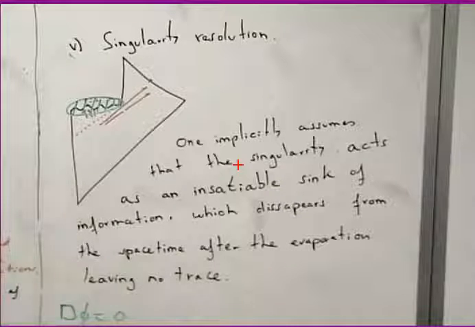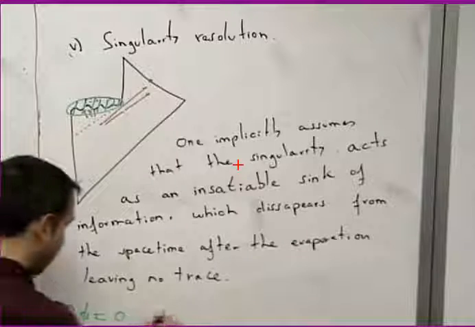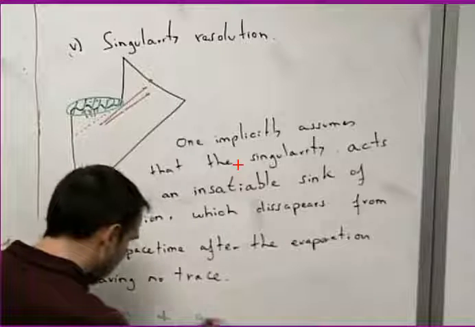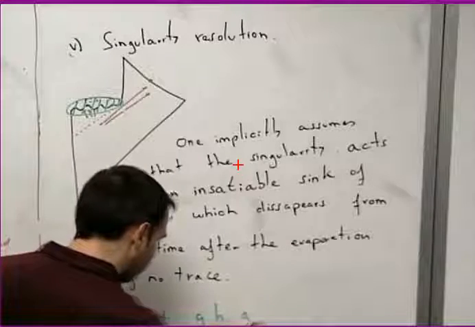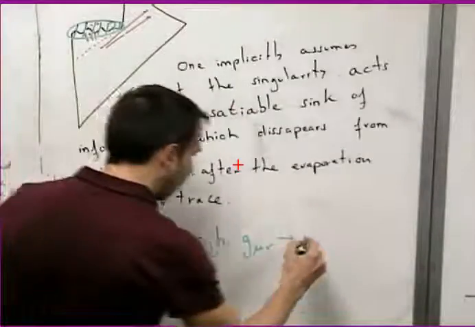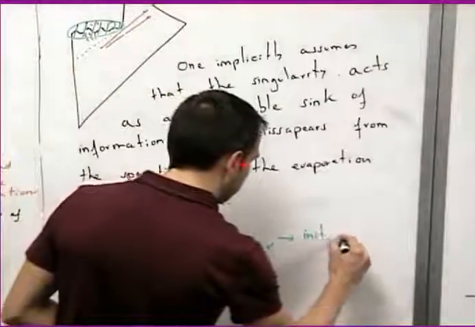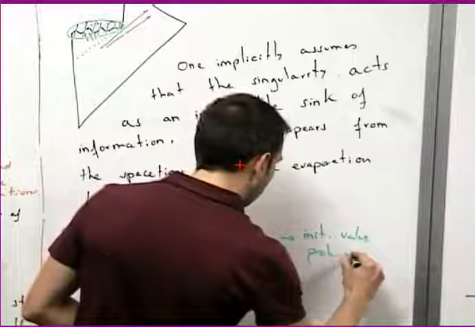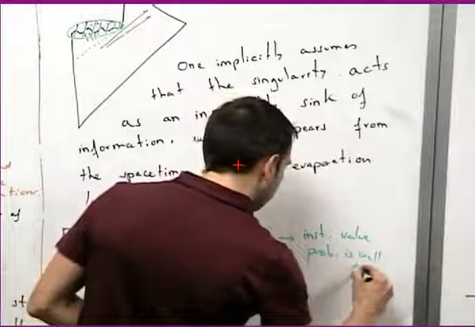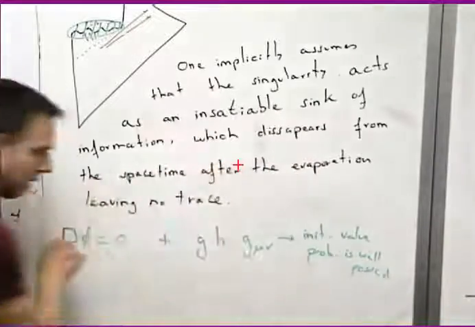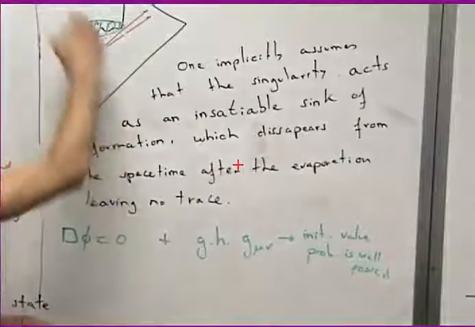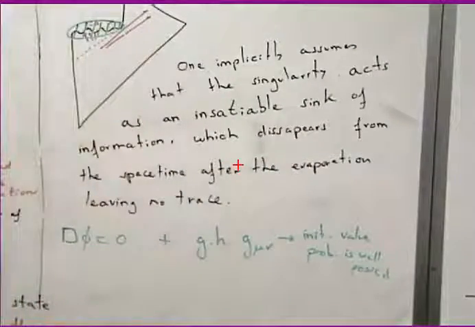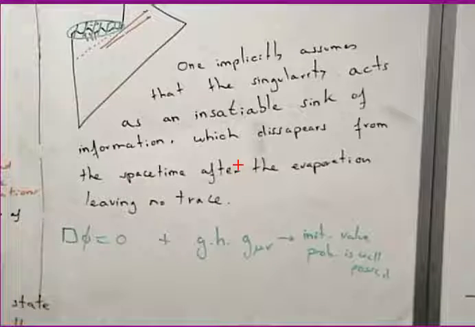And this hyperbolic equation plus global hyperbolicity of the metric tell us that the initial value problem is well posed. I mean, this is just a more mathematical statement: if you give me initial data at any Cauchy hypersurface, classically, you will be able to determine uniquely the field at any other time in the space-time.